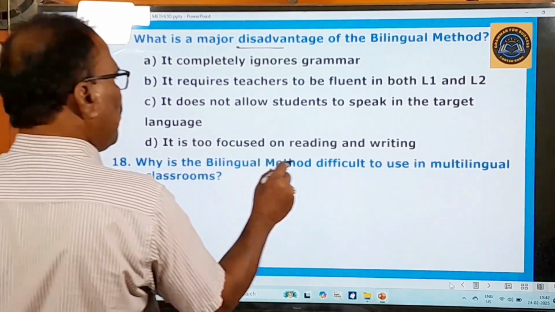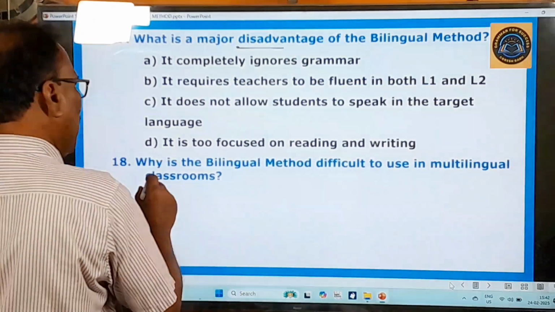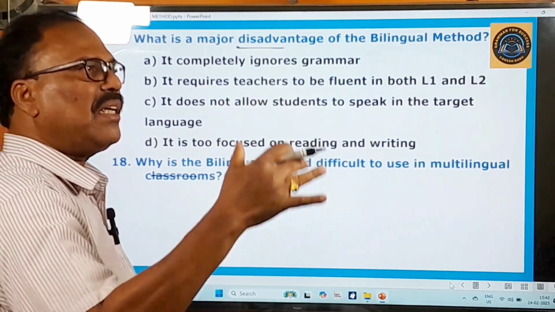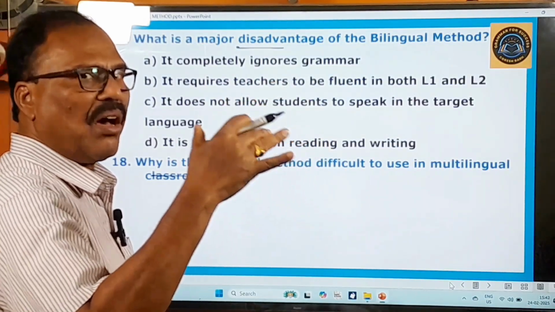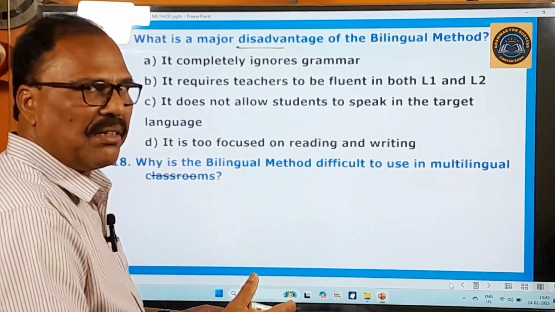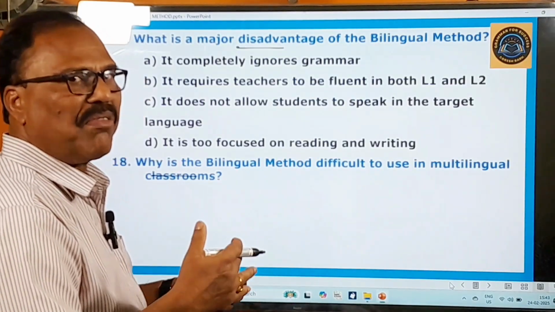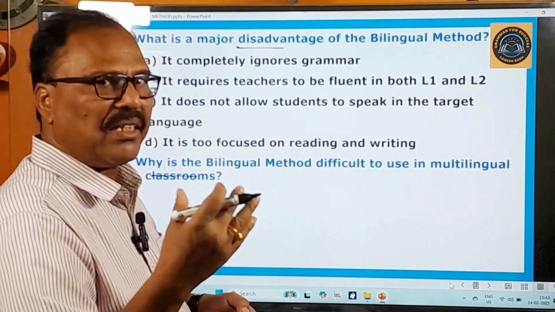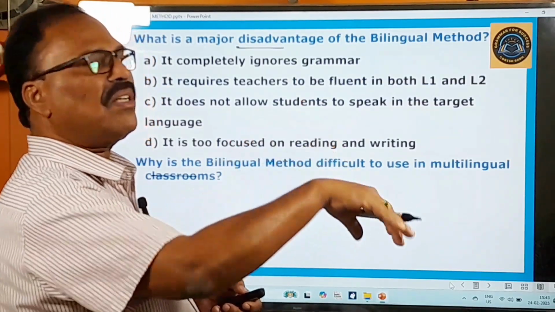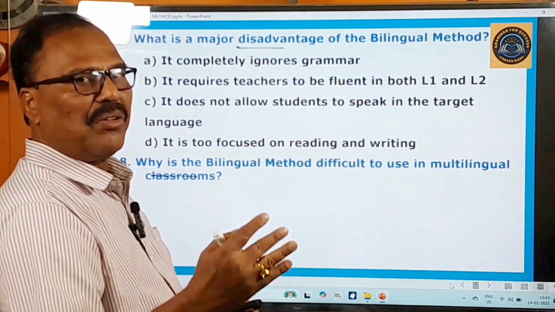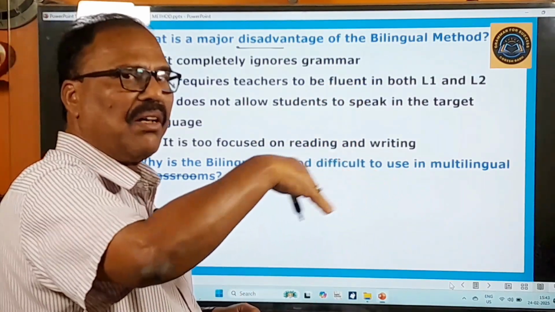Why is the bilingual method difficult to use in multilingual classrooms? So in the classroom where there are multilingual students, this method is not that easy to be adopted. It becomes somewhat difficult because not one lingual students are there in that classroom, but there are multilingual students there, speaking Urdu, Hindi, Tamil, Kannada, Telugu. These are all called multilingual students.